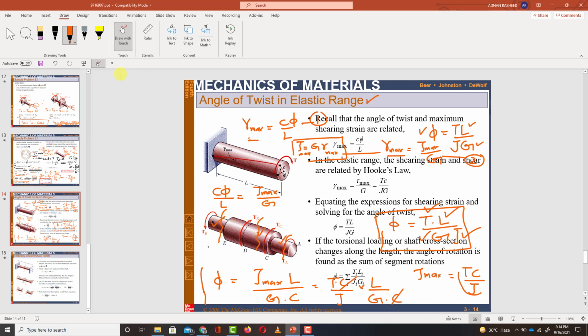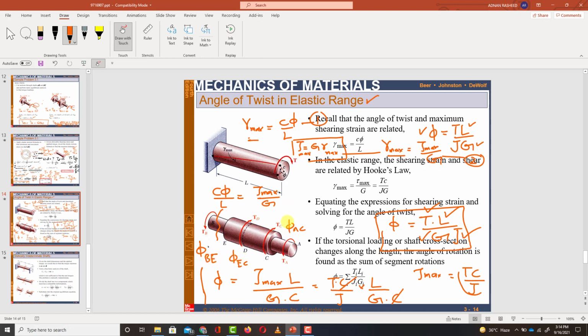So for that purpose, you will have to calculate the angle of twist in every shaft. You have to find the angle of twist in AC, you have to find the angle of twist in EC, you have to find the angle of twist in BE.